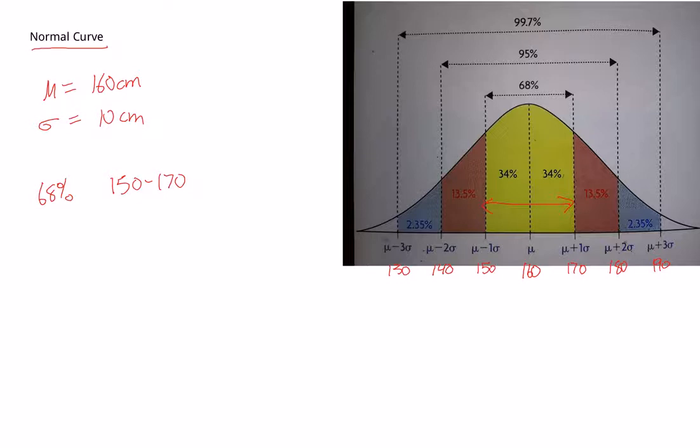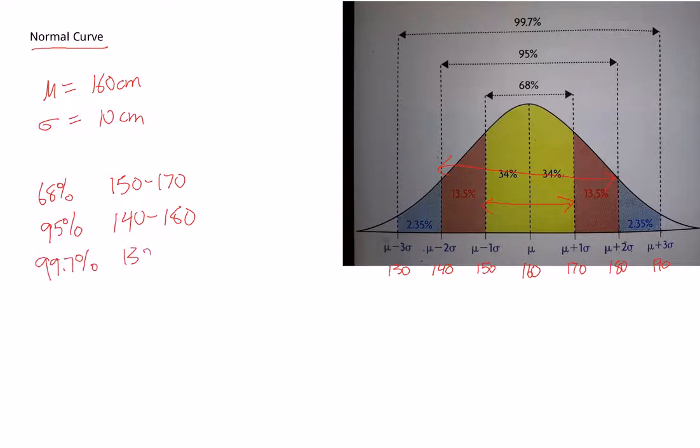If we go 2 standard deviation lines, that's the red zone, so it'll be all of the yellow plus all of the red. That means 95% of our data approximately will now be between 140 and 180. That takes care of just about our entire population. Just 5% is left over. If we go to 3 standard deviations, it's almost the full 100%. There's only a little bit left.